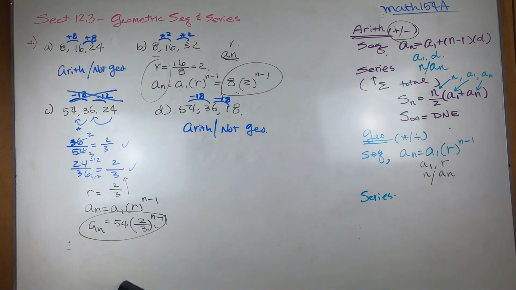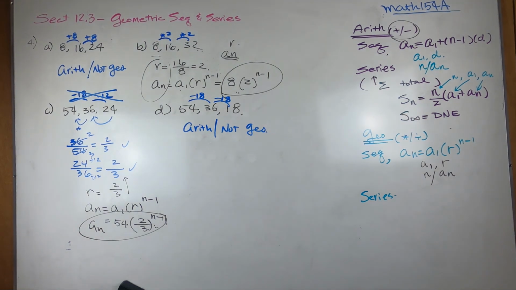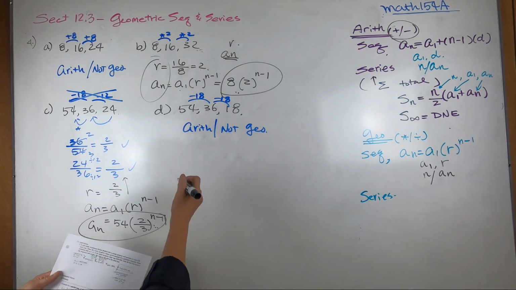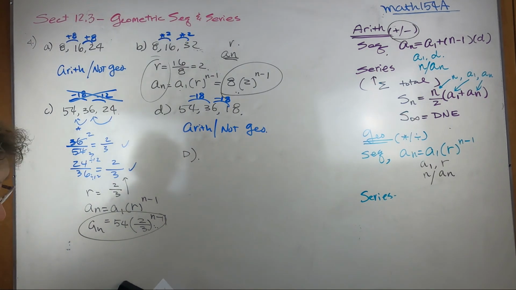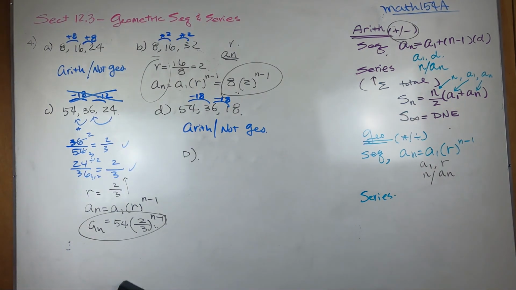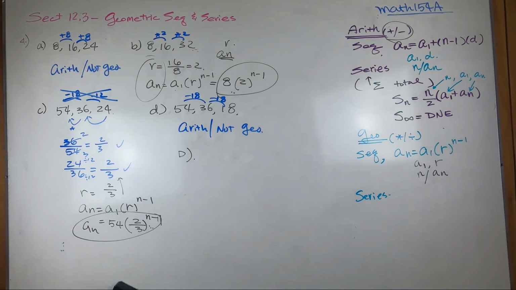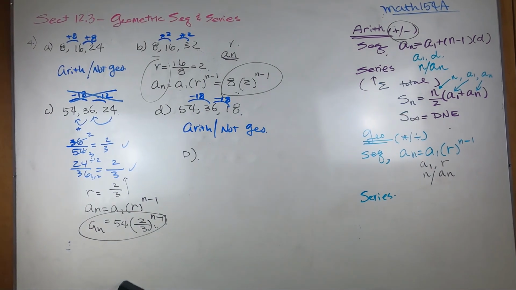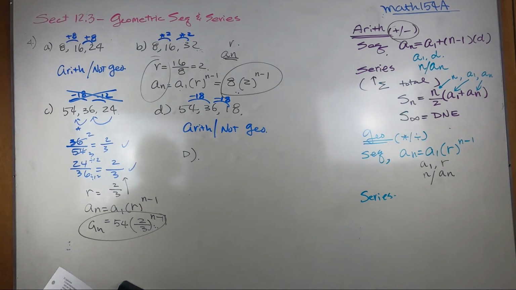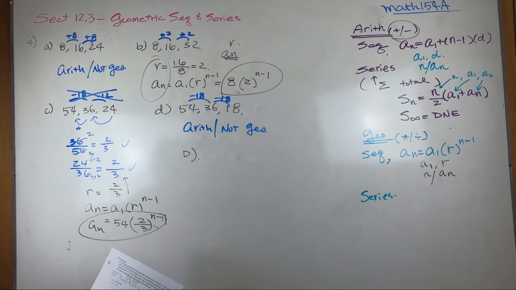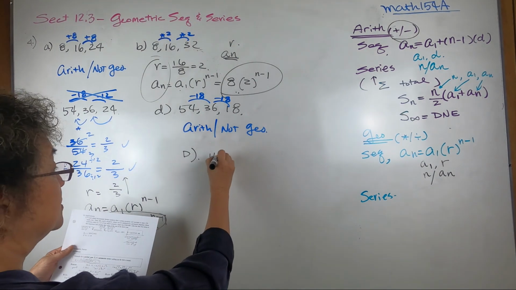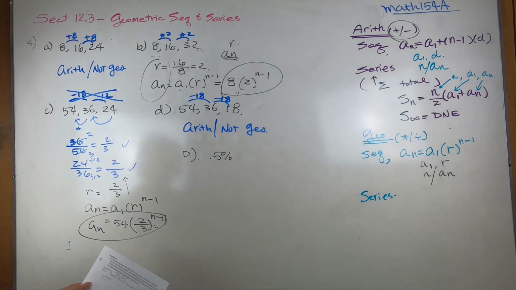Let's take a look. And here is an application to talk about. Okay, so let's see. On your page 64, it says a real estate investment broker predicts that a certain property will increase in value 15% each year.